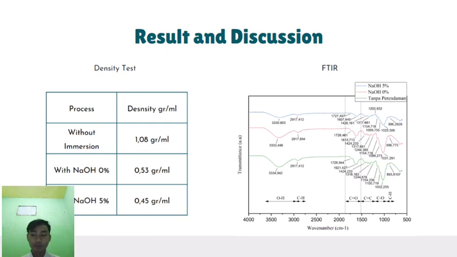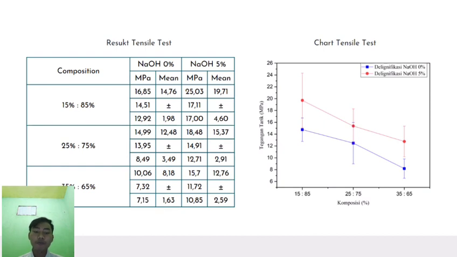Tensile test. Next is the tensile test result on the fiber composition variable 15%, 25%, and 35%, and the alkali delignification variable NaOH 0% and NaOH 5% for 2 hours. At 0% NaOH delignification, the highest average tensile strength was at 15% composition.